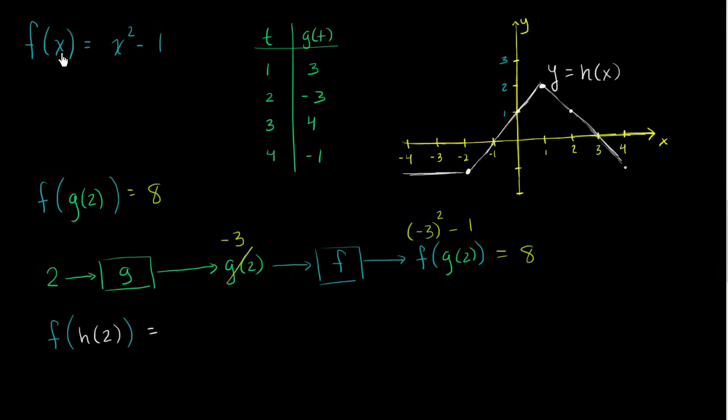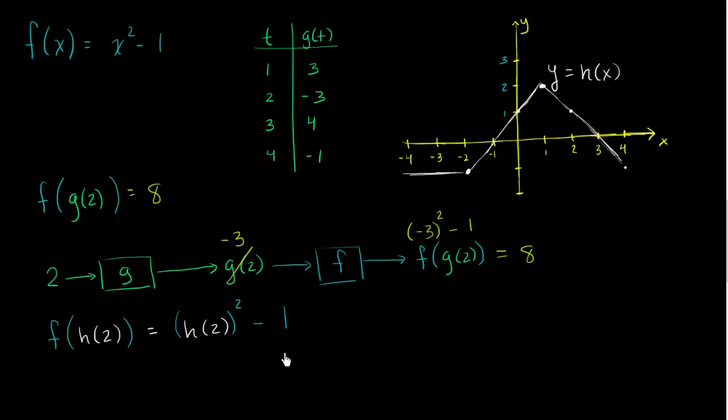So whatever the input is, you square it and minus 1. Here, the input is h of 2. And so we're going to take the input, which is h of 2, and we're going to square it, and then we're going to subtract 1. So f of h of 2 is h of 2 squared minus 1.